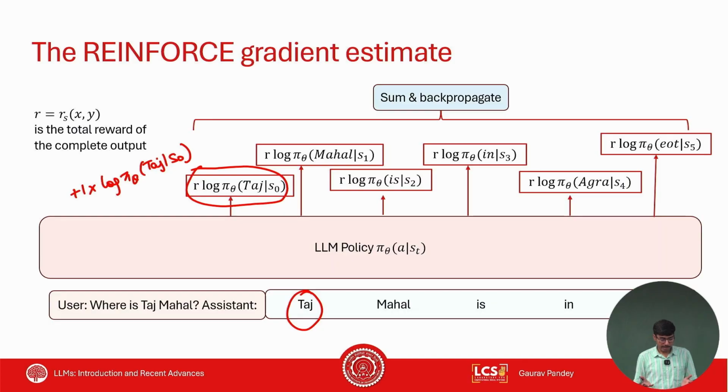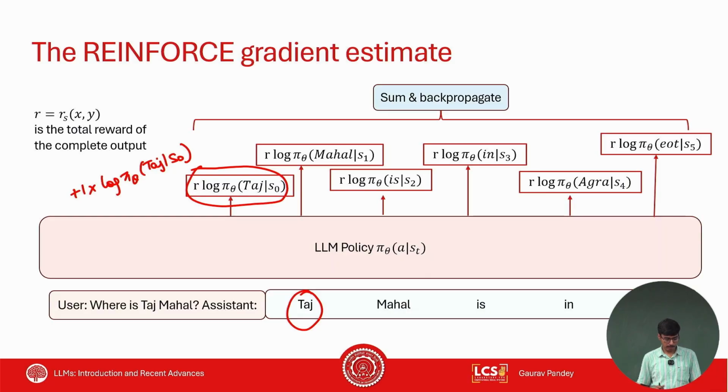But the point is that Taj is not contributing to the correctness, right? The only thing that is contributing to the correctness is this last token, whether it's Agra or Paris or something, right? So this is the problem of credit assignment: if this response gets a positive reward, which tokens actually resulted in the positive reward, and if this response gets a negative reward, which tokens actually resulted in the negative reward.